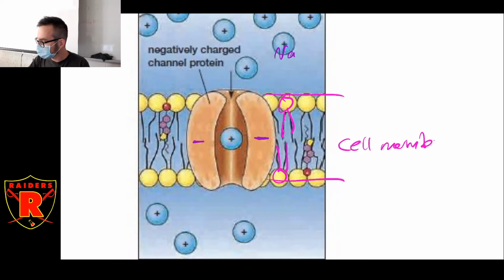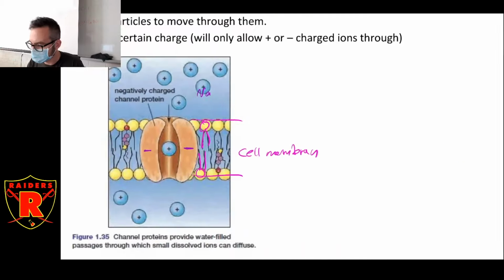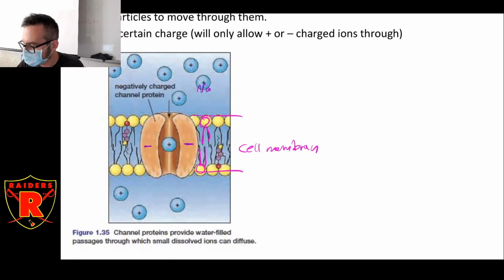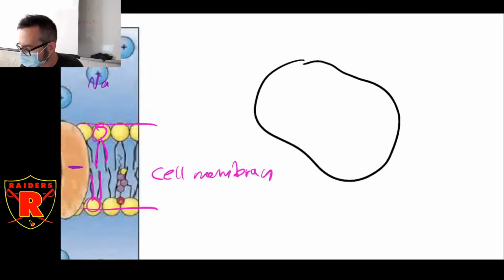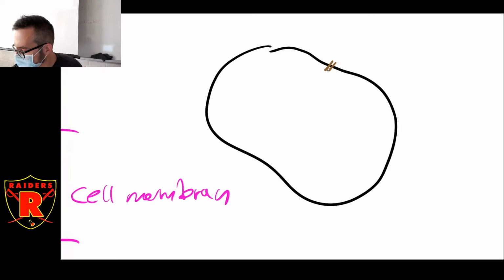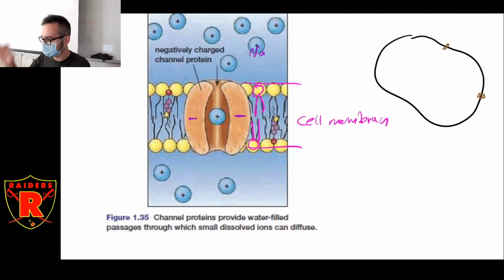So these are running across the cell membranes for all of your cells. Okay. So for example, if I were to zoom out here, if you had a cell, this protein, I'll do it in brown to keep it consistent here, okay, would just be in the membrane. Oh, okay. So it just allows charged ions to just go through.